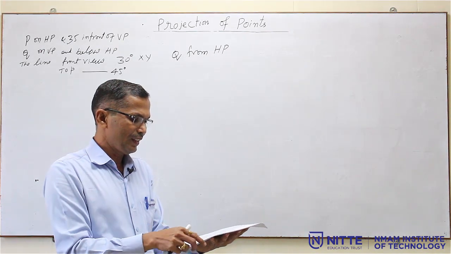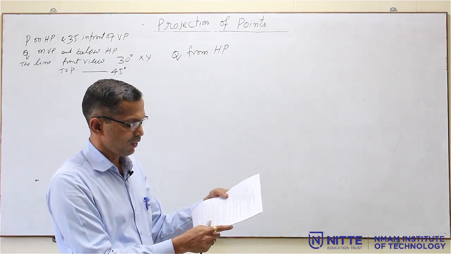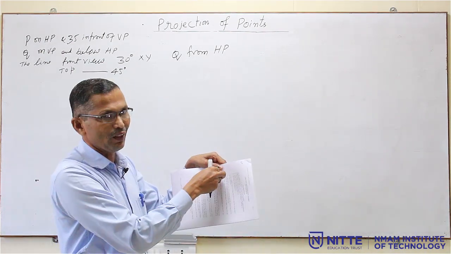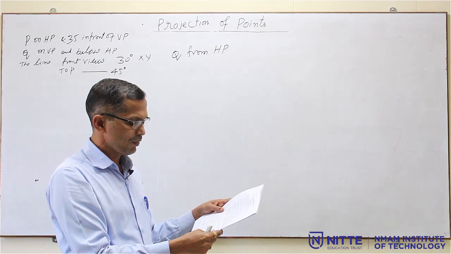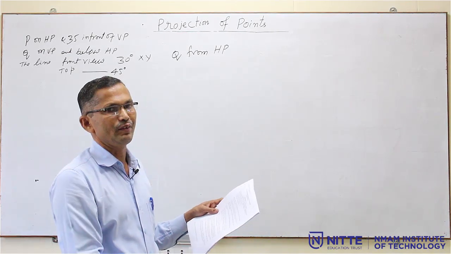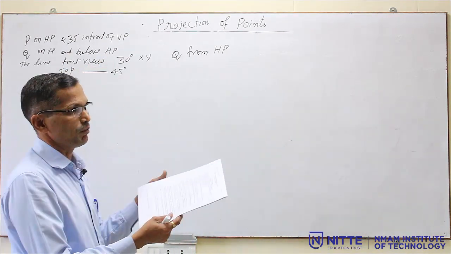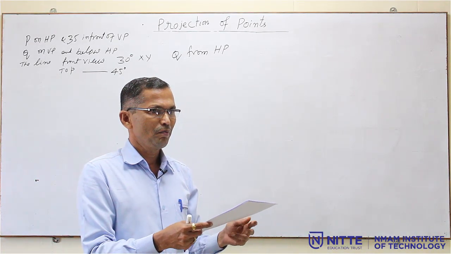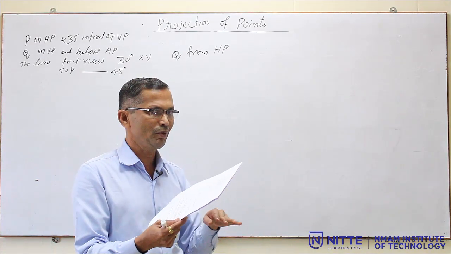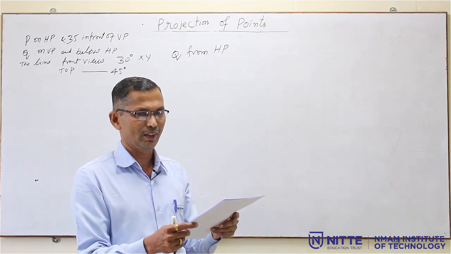Another point Q is on VP, that means on the vertical plane, and below HP. They have not mentioned the distance, simply they told it is below HP. So, below HP means two possibilities, either third quadrant or fourth quadrant.